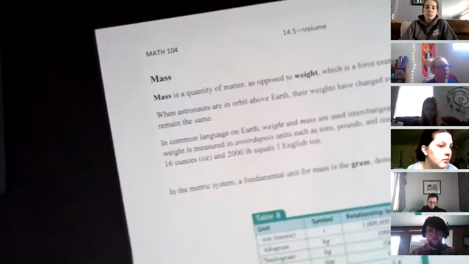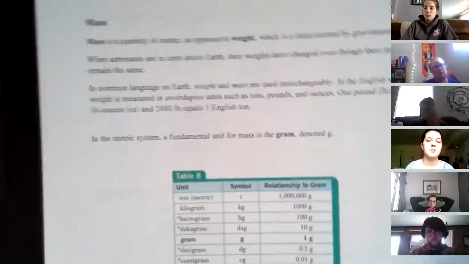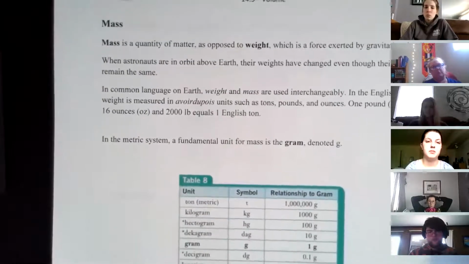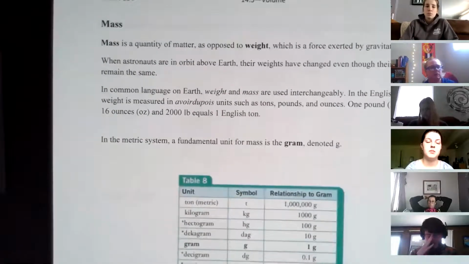All right. Now, we also have units of mass. I'm pretty sure that y'all would have talked about this if you took chemistry or physics, you'll see these units come into play.